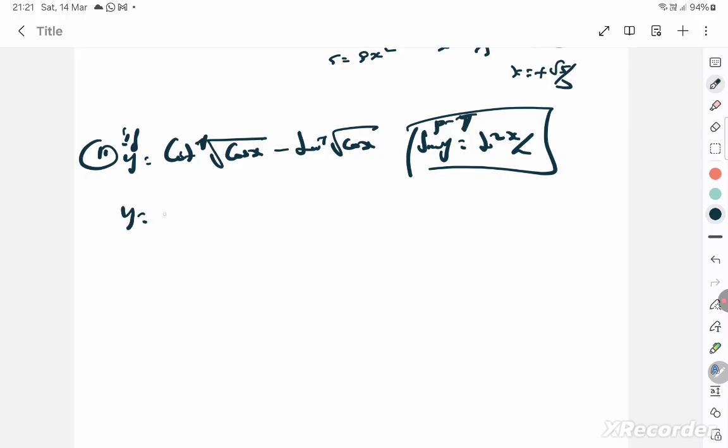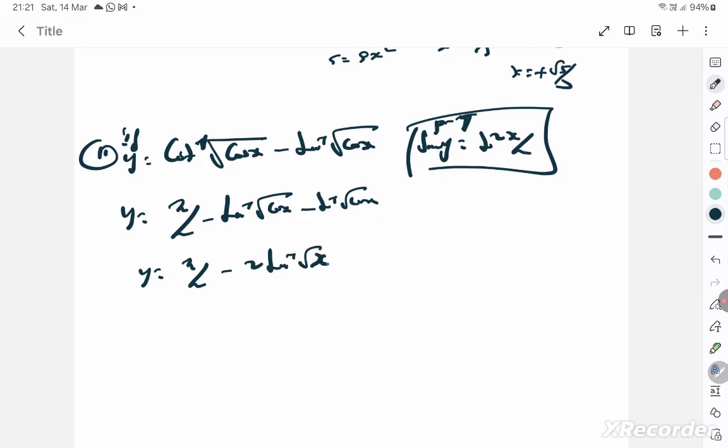You can write this as pi by 2 minus tan inverse of root cos x minus tan inverse of root cos x, which is y, basically pi by 2 minus 2 tan inverse of root cos x.